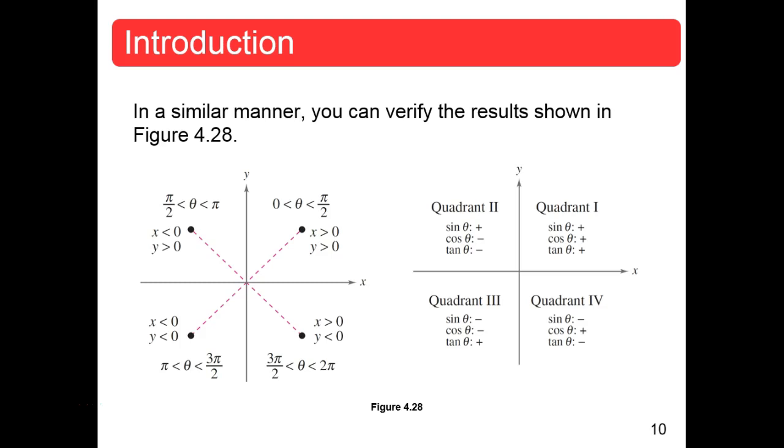X and y are both positive here. X negative, y positive, both negative. X positive, y negative. So all functions are positive here. Sine and cosecant positive here. Tangent and cotangent positive there. Cosine and secant are positive there. So all students take calculus.